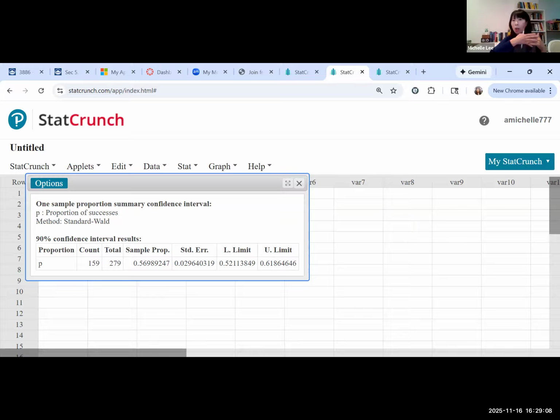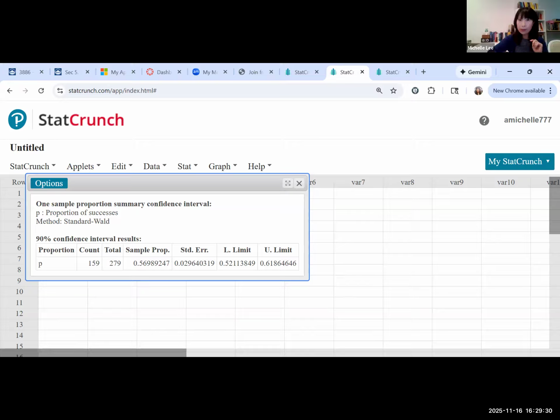We could not carry all the digits. So we round the Z critical value, we round the margin of error, we round p hat, right? That's why the last two digits might be different. All right? Okay.